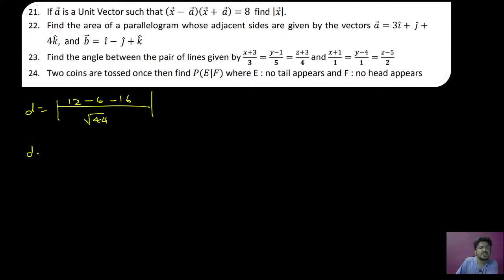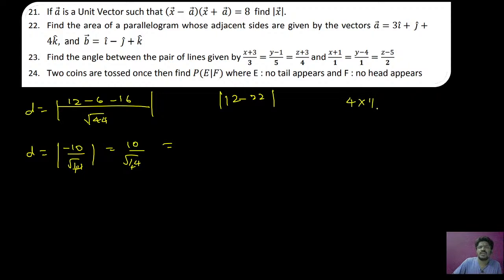So D equal to 12 minus 6 minus 16, that is minus 10, divided by root 44, so that is 10 by root 44. You can write it as 4 into 11, so 10 divided by 2 root 11, so 5 divided by root 11 is the answer.